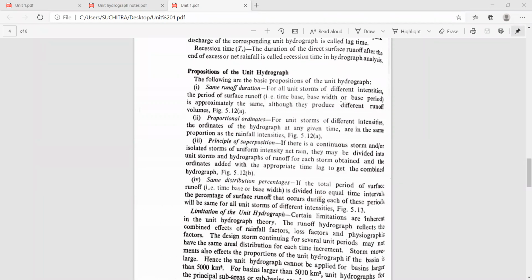The intensity of the rainfall may be different, and for all unit storms the time base, or base width, or base period is assumed to be the same. So this is the first assumption. Second one, proportional ordinates.